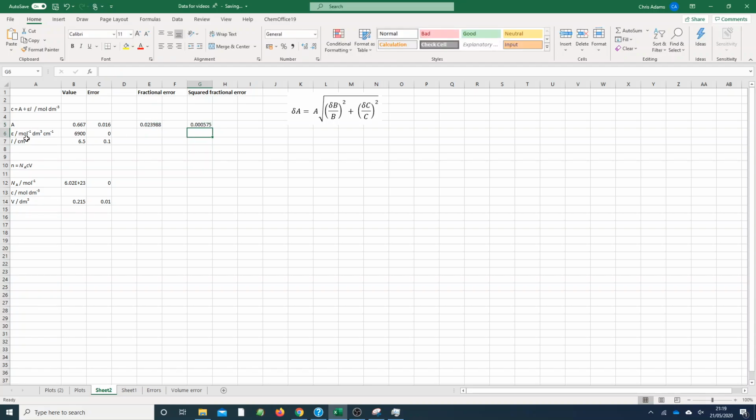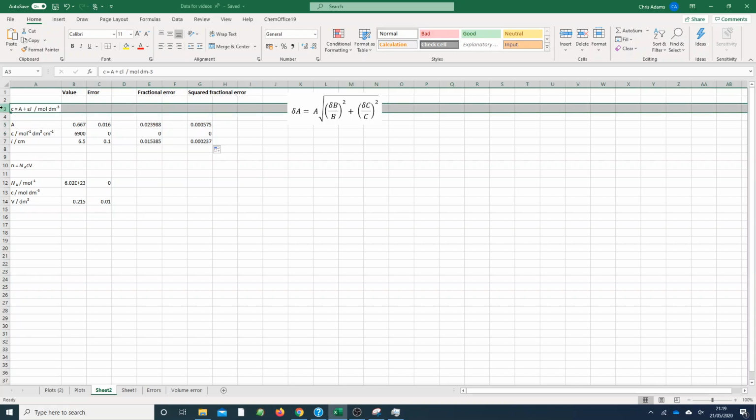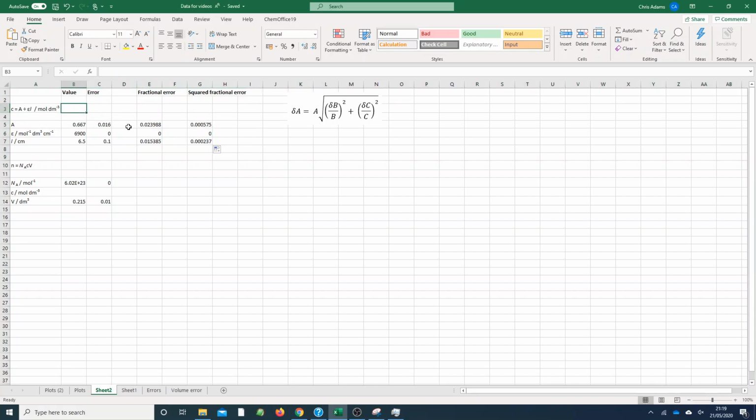I want to do the same for epsilon and L, so I can select those there by dragging with the left mouse button down, and then using the left mouse button again, pull that square down to the rows below. Let's go up to line 3 now. So let's calculate the value of the concentration of anthocyanin molecules.